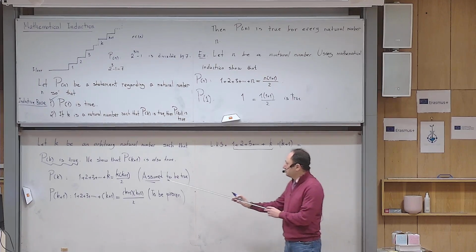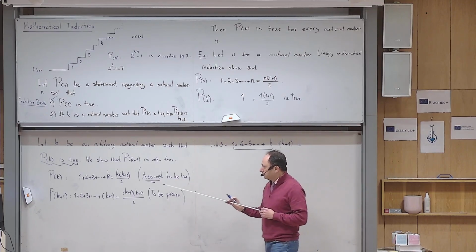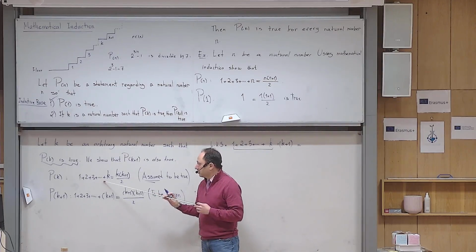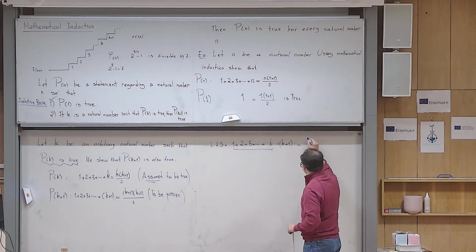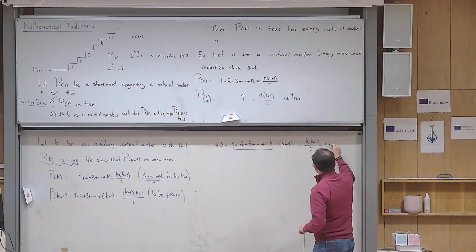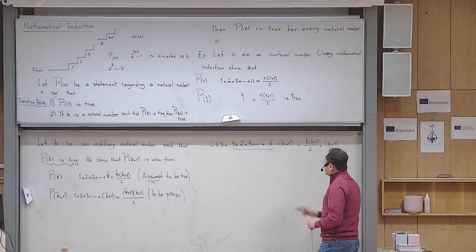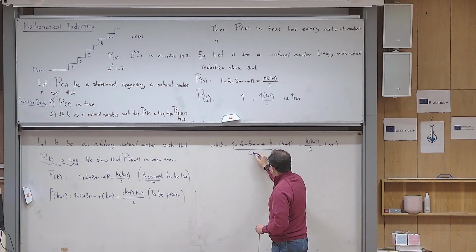Yes, you see, assumed to be true. So this means 1 plus 2 plus 3 up to k is k times k plus 1 over 2. So instead of that, I put k times k plus 1 divided by 2, plus the next one, k plus 1.